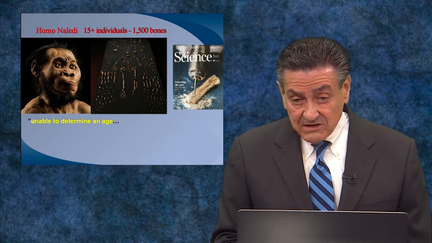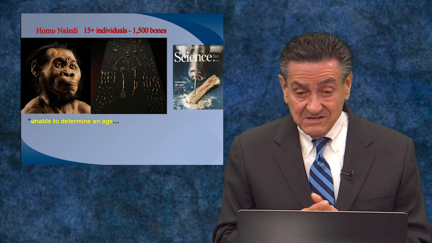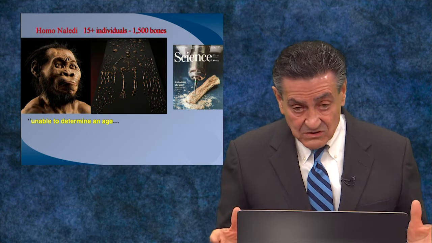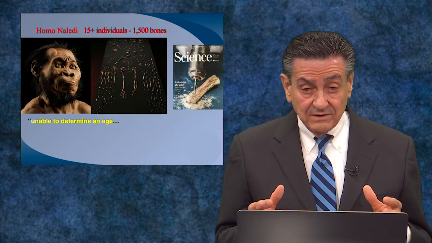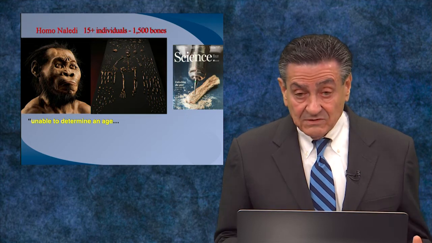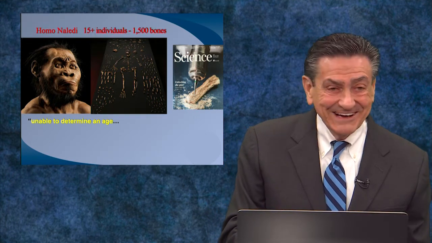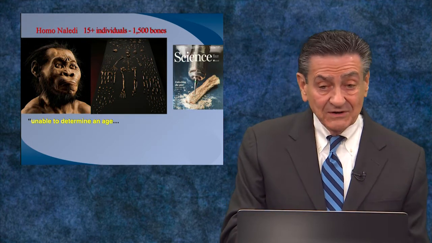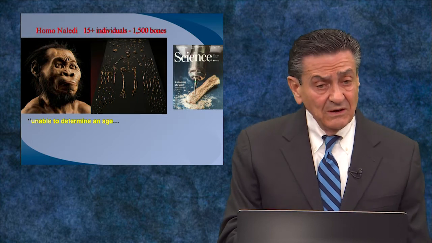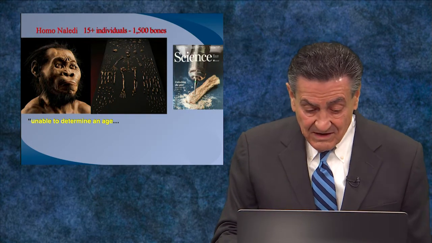Now, from my experience in dealing with these people, what that means is they obviously tried to date it, but it didn't come out as they wanted, and so they were unable to date it. So maybe it was last year, well, probably not last year, but maybe 100 years ago, maybe 1,000 years ago. Who knows? They were unable, at least they're not going to tell you the dates.